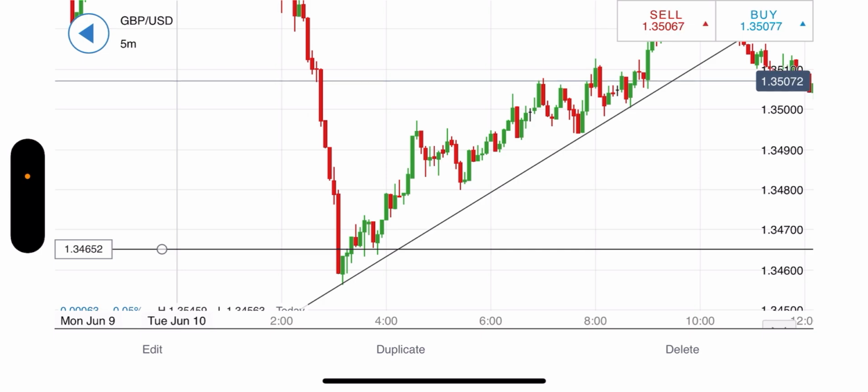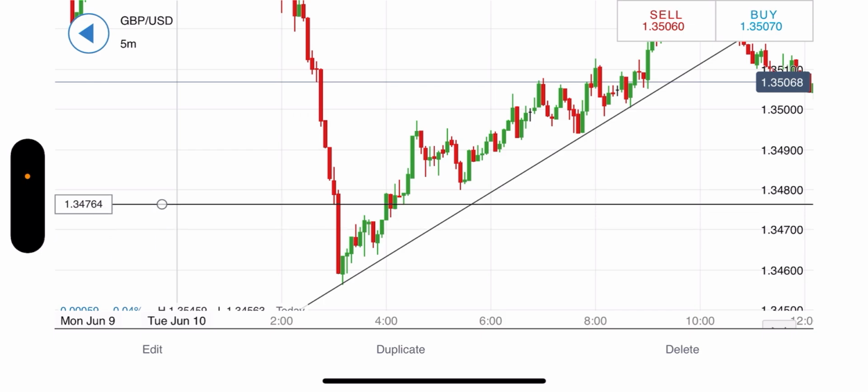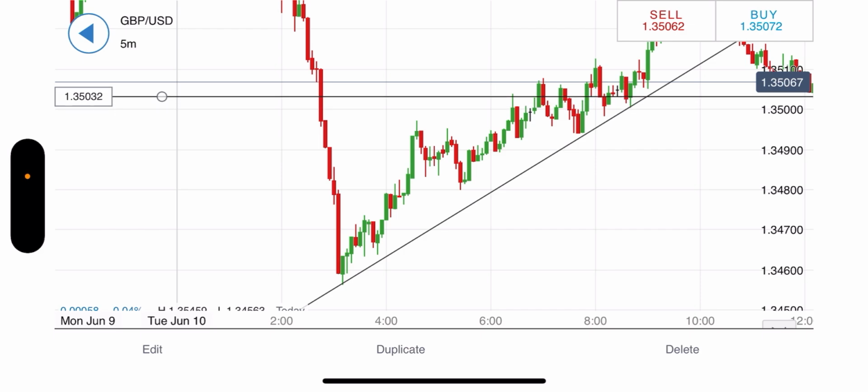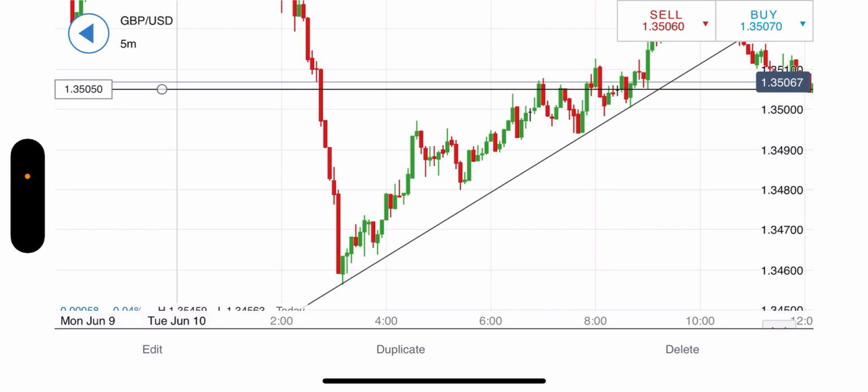So from 65 here, that would be 05. So 135.05, that's the 65 plus 40. So our take profit would be somewhere around there.